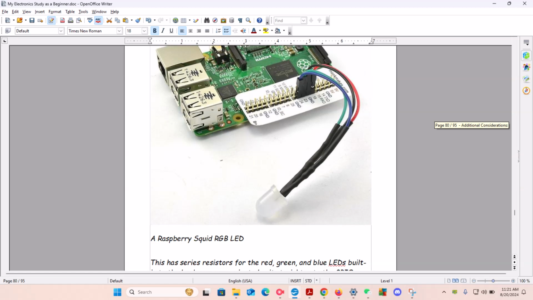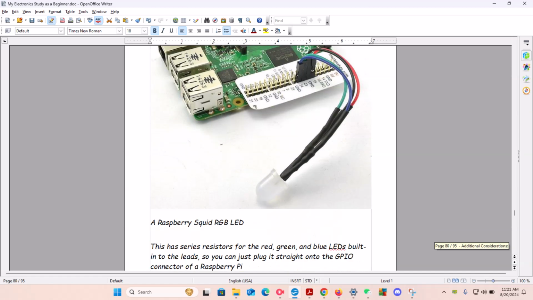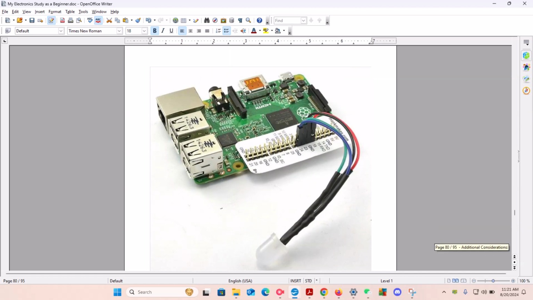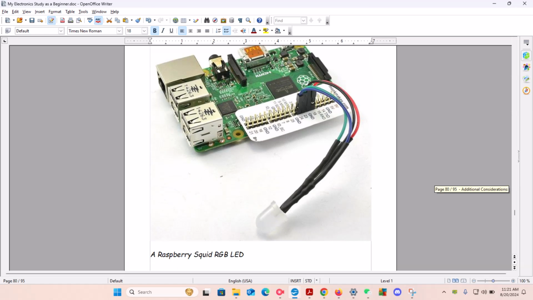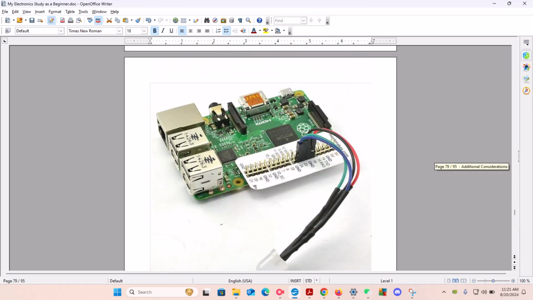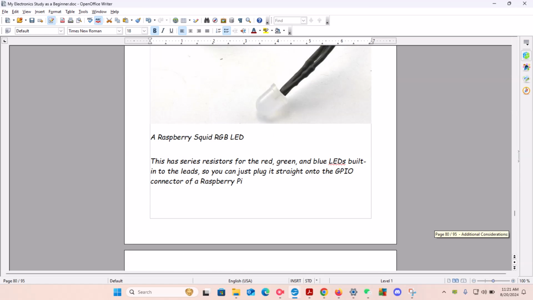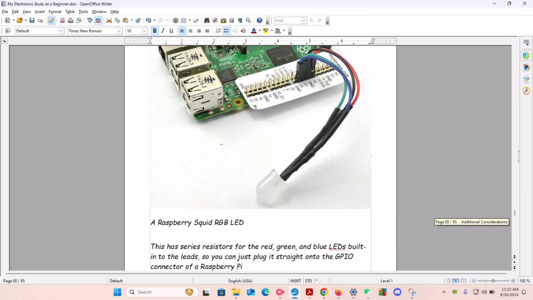And here in front of us we have this actual board. This is the Raspberry Squid RGB LED. Notice we have 2 plastic leads, one going to ground and one going to the other part of the board, so one's going in and the other one's going out. This has series resistors for red, green, and blue, that's RGB.